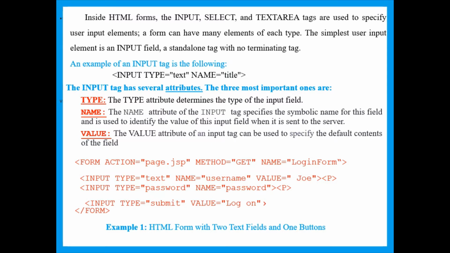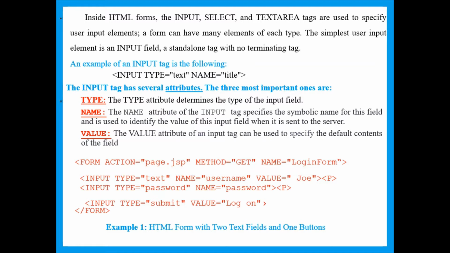If the type attribute has the value submit, then it is a button that sends the values of the different input fields in the form to the server. The reset and submit input fields affect the entire form. Next attribute is the name attribute.